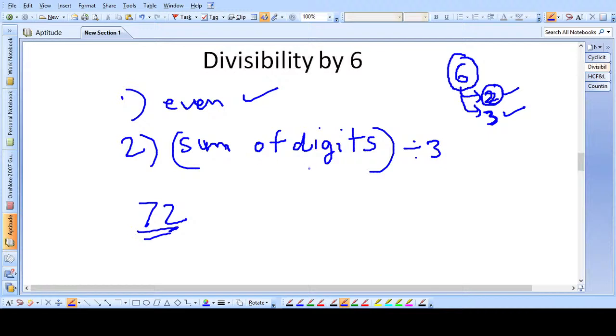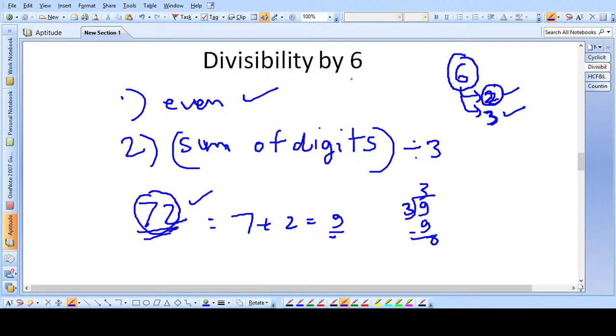And the sum of the digits: 7 plus 2 is 9. Check if 9 is divisible by 3. Yes, of course it is divisible by 3, hence this number satisfies both conditions, hence 72 is divisible by 6. You should remember these two conditions. These are nothing but the conditions of 2 and 3, both satisfied, which means it's divisible by 6.